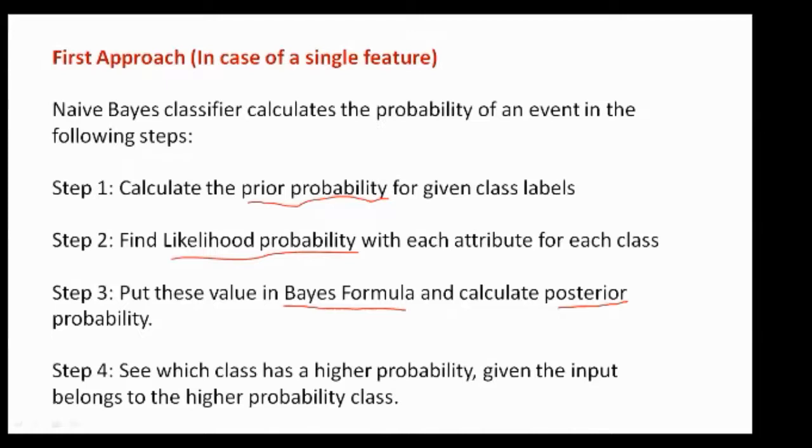We are interested in finding the posterior probability. After this calculation, see which class has a higher probability, and give the input the higher probability class. So after finding this probability, we check which is higher, and we consider that as the output. So let us go through the example.